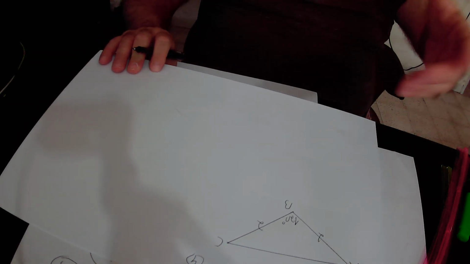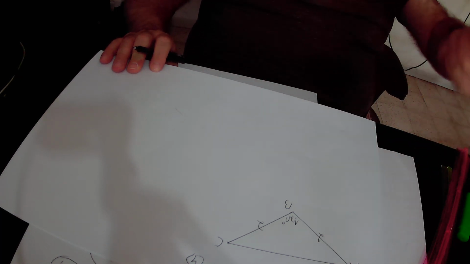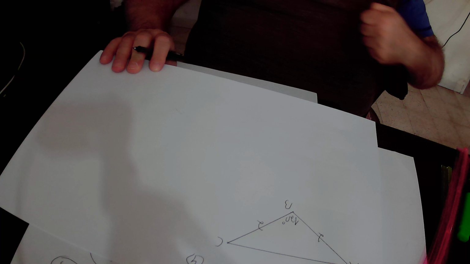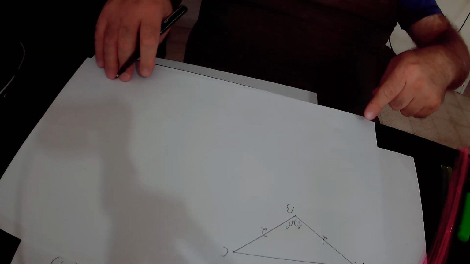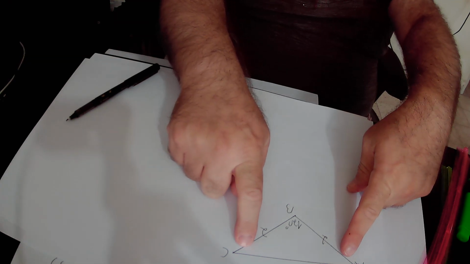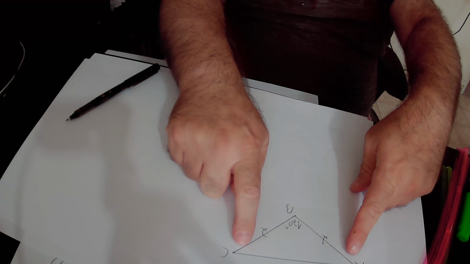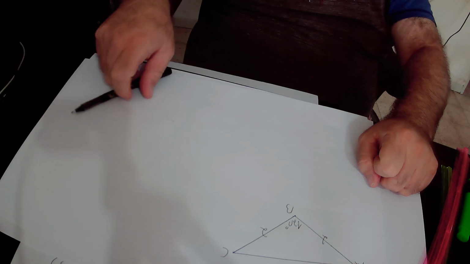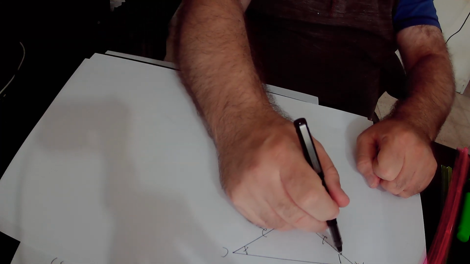In this triangle ABC, side AB equals side BC, they are both equal to 2 units, therefore they are equal to each other. And we have the rule that in front of equal sides in the triangle, there are equal angles. So in front of those two equal sides, we have those two equal angles. If one angle is x, then the other angle will also be equal to x.